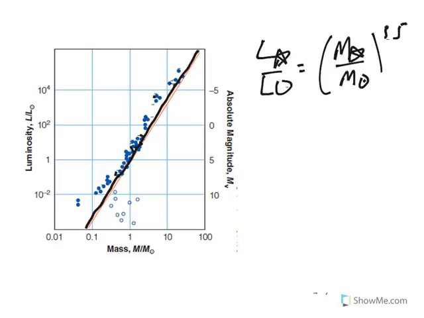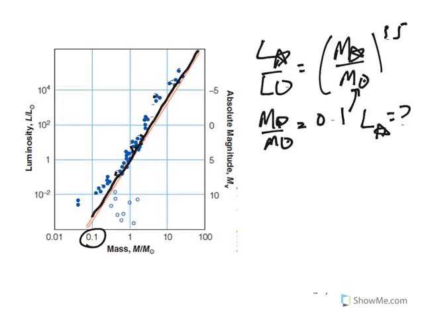Let's say the mass of the star is 0.1 times the mass of the sun. So the mass of the star divided by the mass of the sun is equal to 0.1. What is the luminosity of the star? We substitute 0.1 into the mathematical equation and solve.